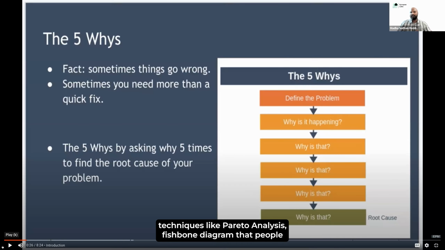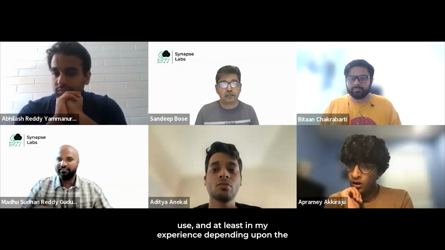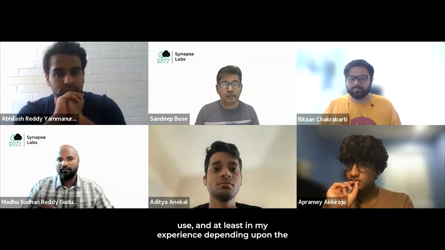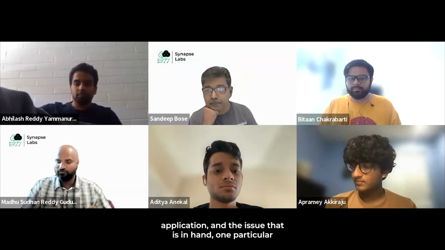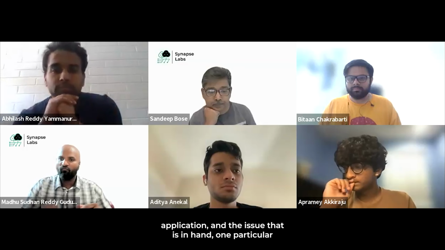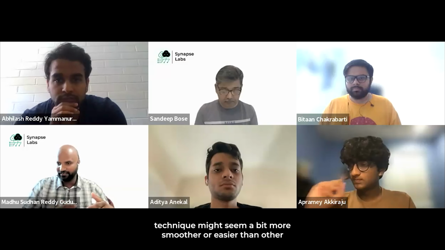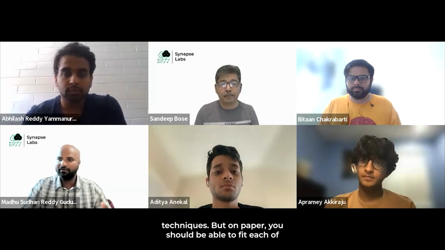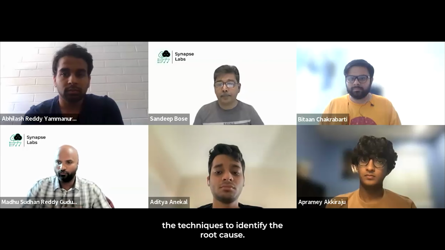There are other techniques like Pareto analysis and the fishbone diagram that people use. At least in my experience, depending upon the application and the issue at hand, one particular technique might seem smoother or easier than the others. But on paper, you should be able to fit each of the techniques to identify the root cause.